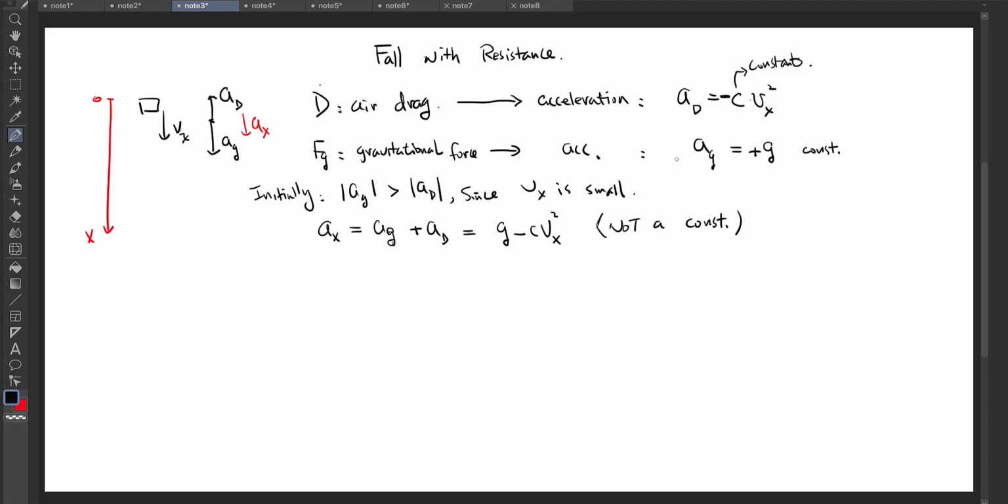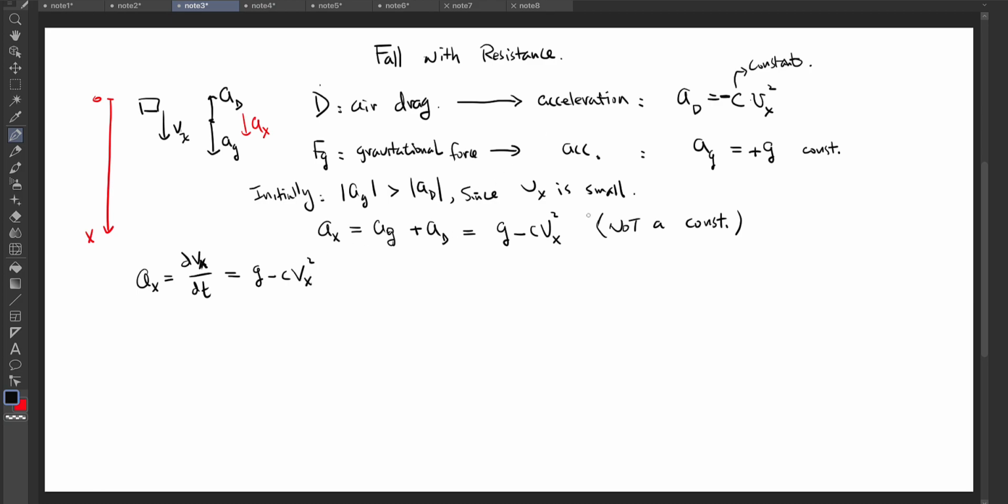However, it's still solvable. So now that is the total AX, and according to the AX definition, which is dVx dt, we take a derivative of this velocity Vx, and that equals G minus C Vx squared.